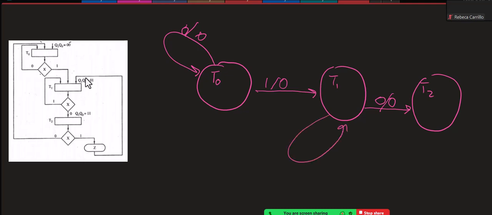T1. And what is my output? 0. And from T2, if my input is 0, what is my next state? T0. And my output? 0. And from T2, if my input is 1, what is my next state? So it goes to T1.